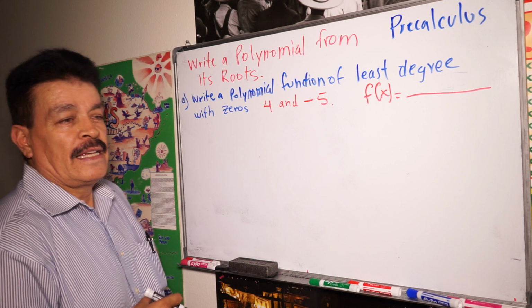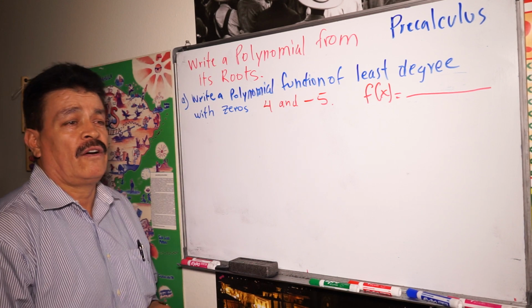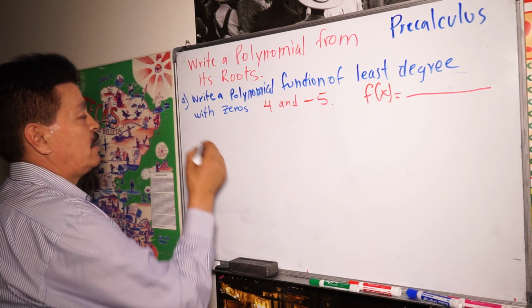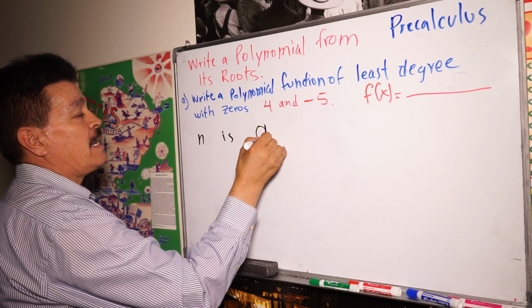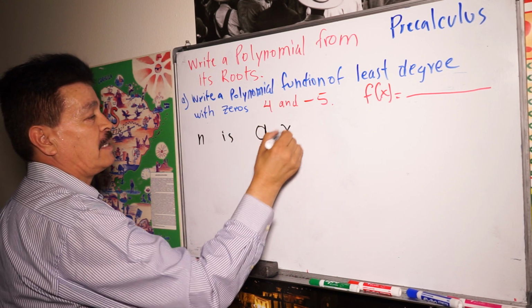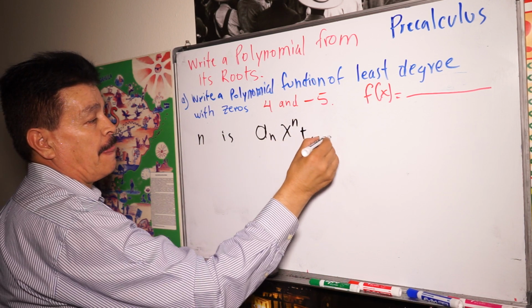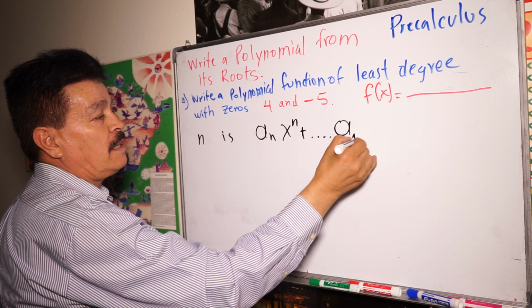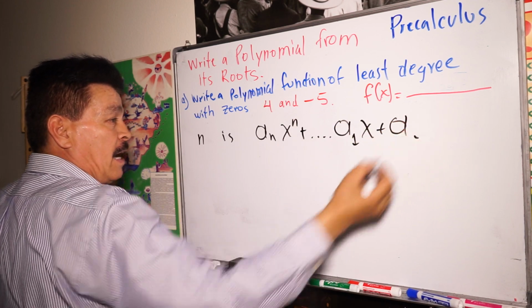The standard form of a polynomial of degree n is a_n x^n plus, and so on, plus a_1 x plus a_0.